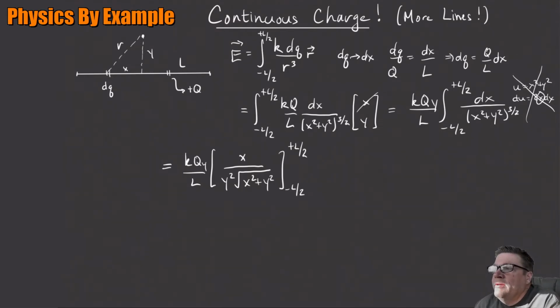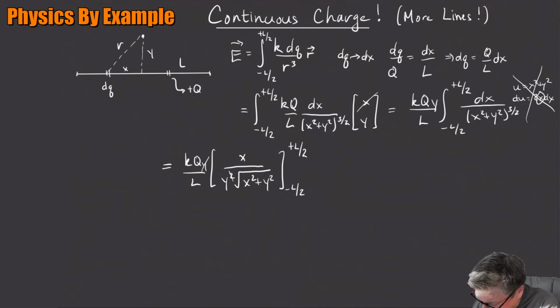Okay, there we go. So after looking up the integral, that's what we got. Okay, first of all, that y cancels with one of these y's. Nice. Let's look at it for a second. When I put in plus L over 2, look, that x on top, it's going to be a plus L over 2 minus a minus L over 2 when I stick the bottom thing in there. So that's just going to be an L.